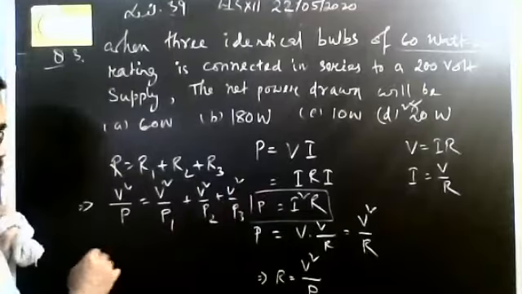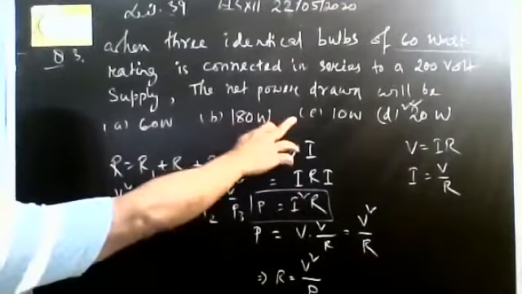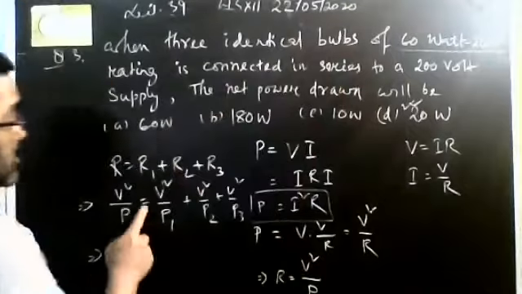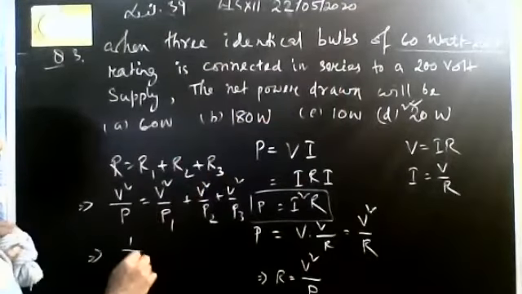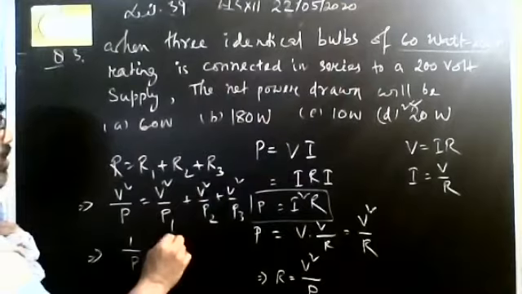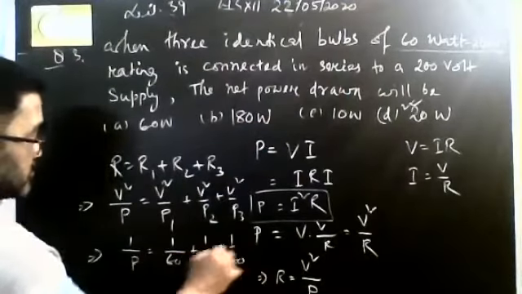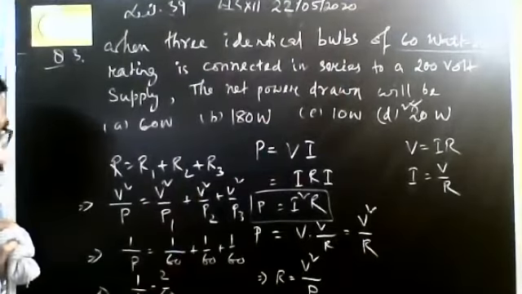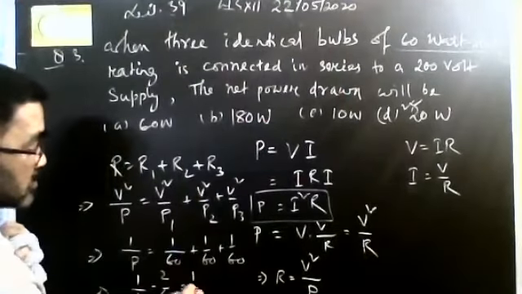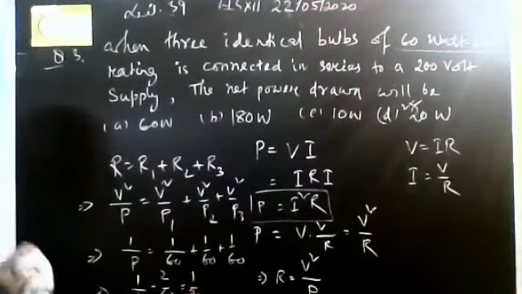All the powers are the same because it is 60 watt, and V is equal to 200, so V square will cancel. So 1 by P is equal to 1 by 60 plus 1 by 60 plus 1 by 60. So 1 by P is 3 by 60, which is 1 by 20.